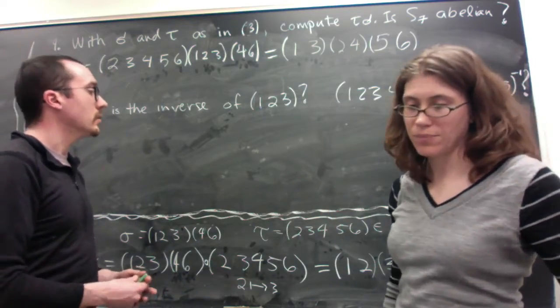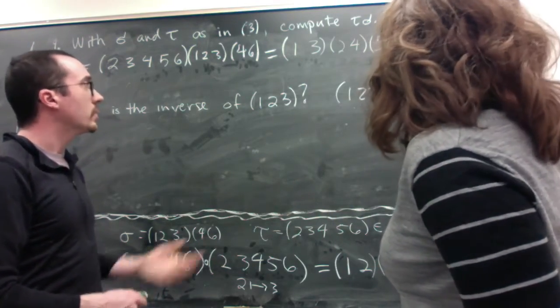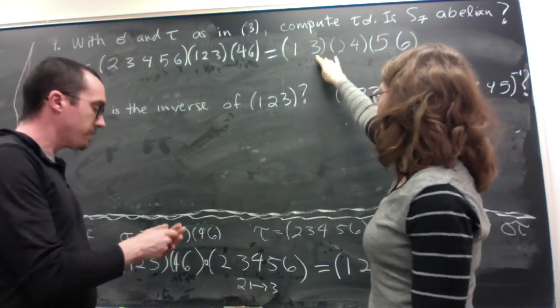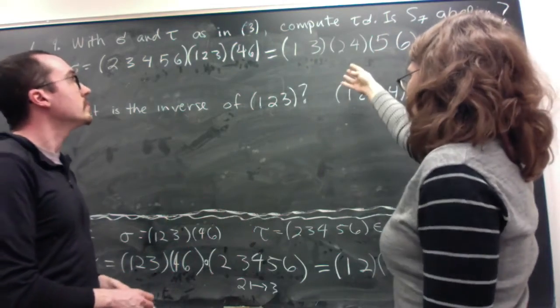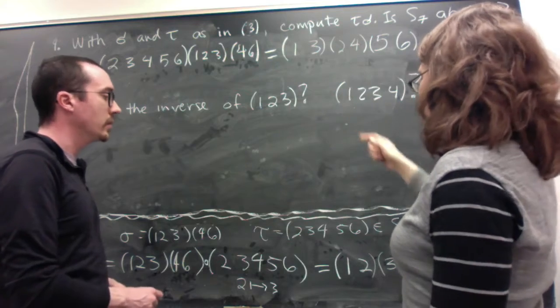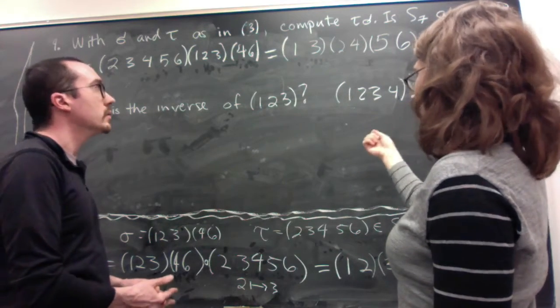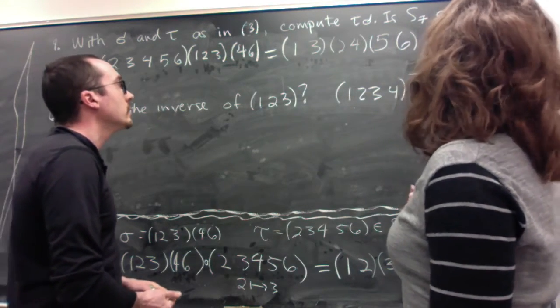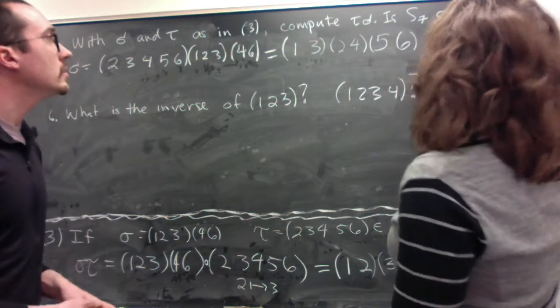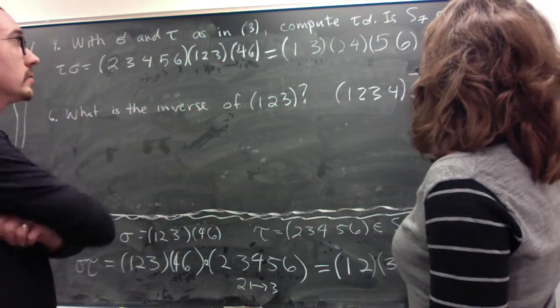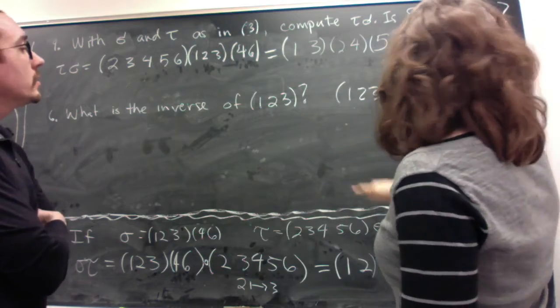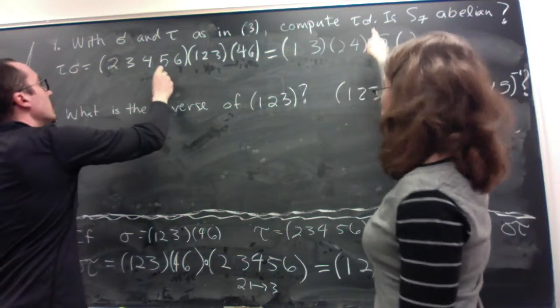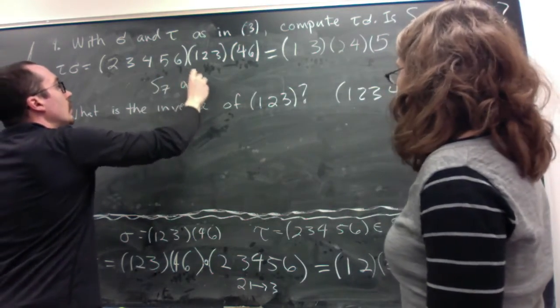I forgot about that. But 1 is going to 3. They're not the same number, and they also don't do the same thing. Okay. So S7 can't possibly be abelian because sigma tau and tau sigma are not the same.